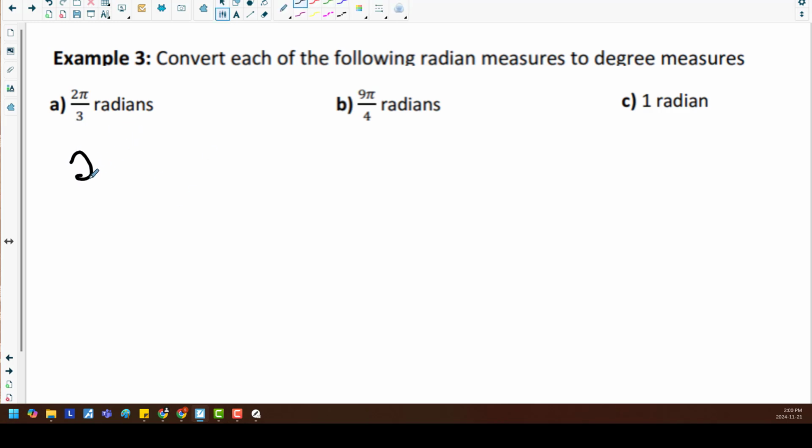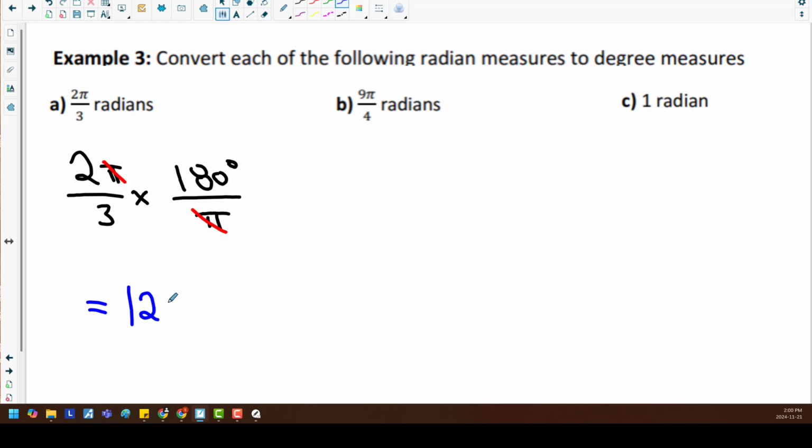And the way to do that is to take my radians and multiply by 180 degrees on top and pi in the denominator. The pi symbols will cancel out. And you're basically doing 2 times 180 divided by 3, which is what exactly? Well, that's probably going to be 120 degrees. So yeah.